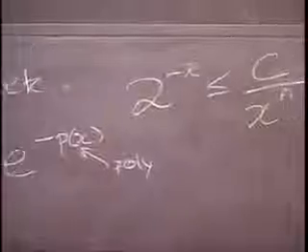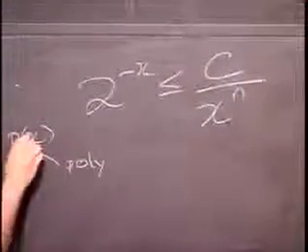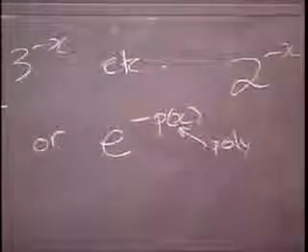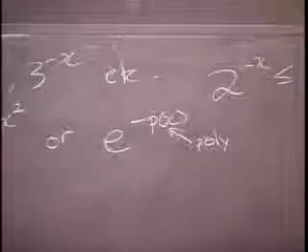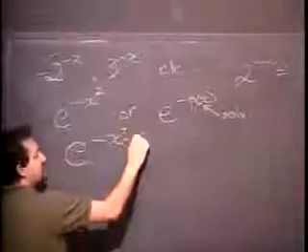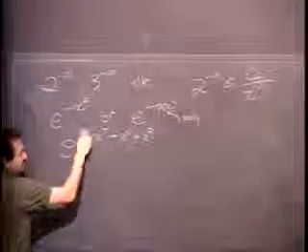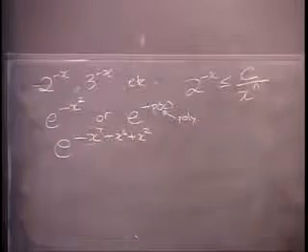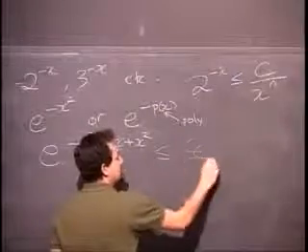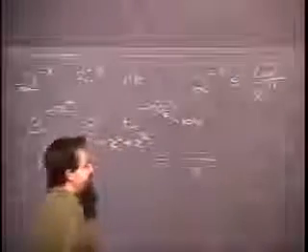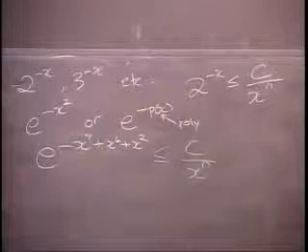So it could even be e to the minus (x to the 7 plus x to the 6 plus x squared). The point is that the leading coefficient is negative, so this is still less than or equal to c over x to the n. And there's a little bit of argument to say why that's true, but it's not so hard to see.